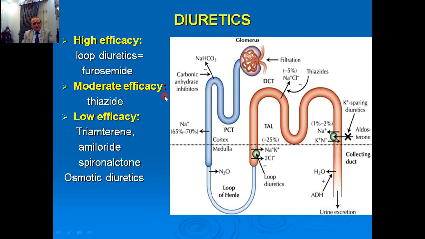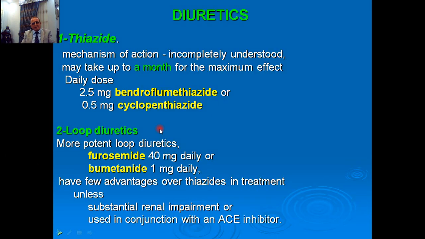The loop diuretics work here, like furosemide, the moderate efficacy thiazide, and low. Most people think that diuretics damage the kidney. This is not true regarding thiazide diuretics. Let me stop here.